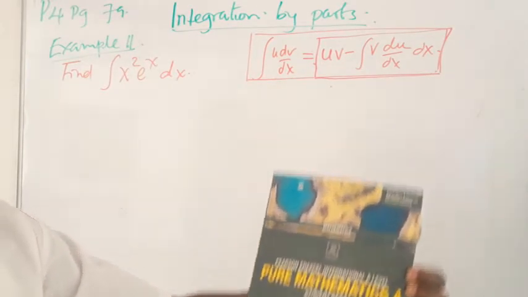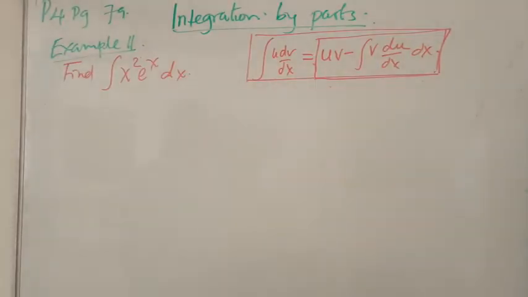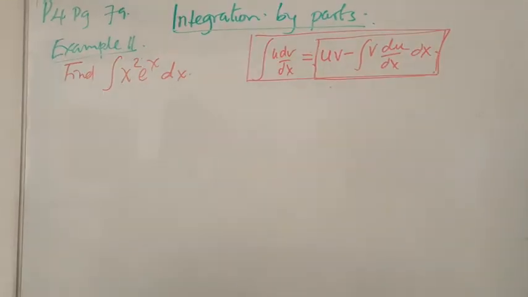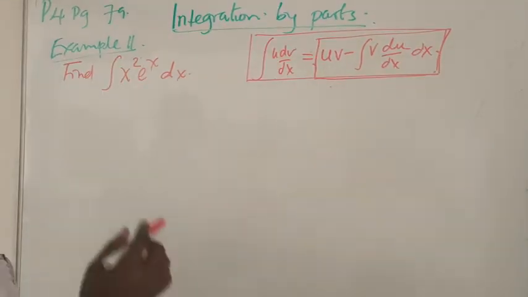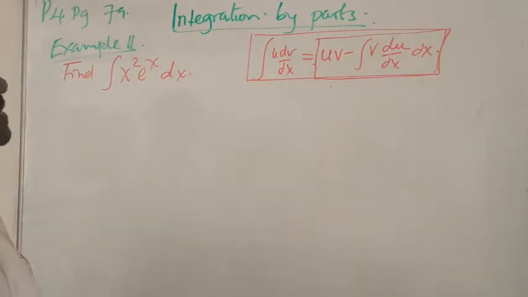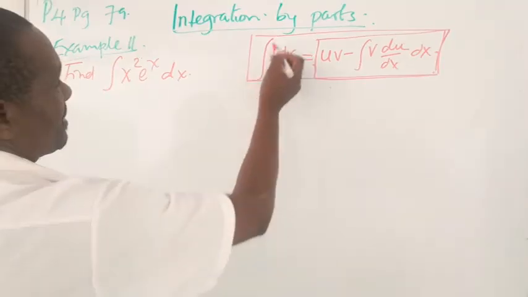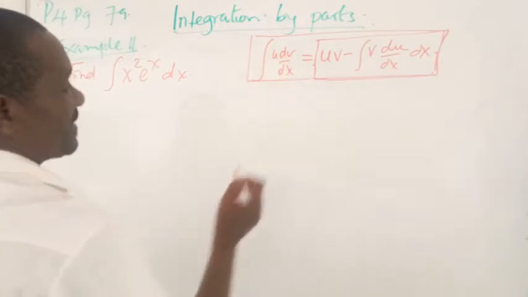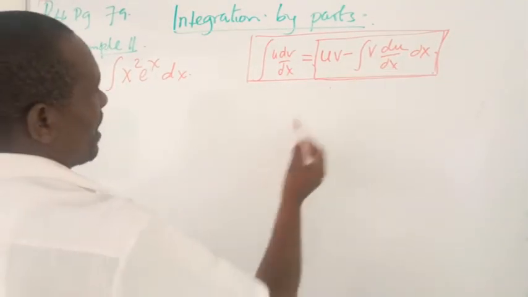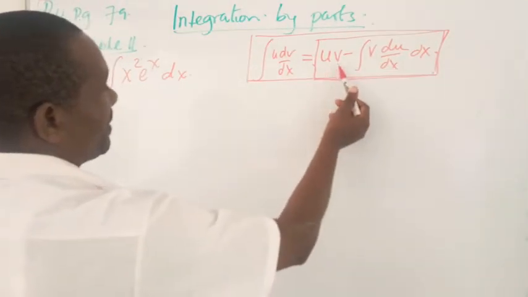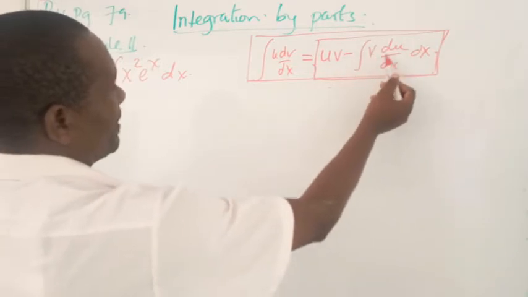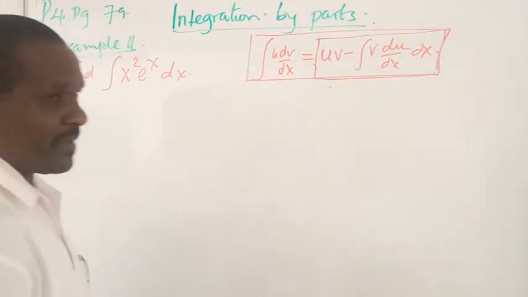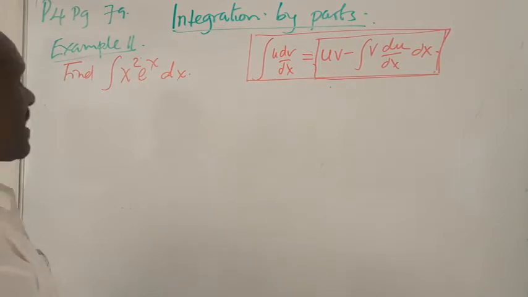And we have been talking about a subtopic that is called integration by parts. And we know one rule: integration by parts, it's always in this format. When you're supposed to integrate u dv dx, what you need to do is you have to have u, you have to have v minus the integral of v du dx with respect to x. Of course, we know what that means.